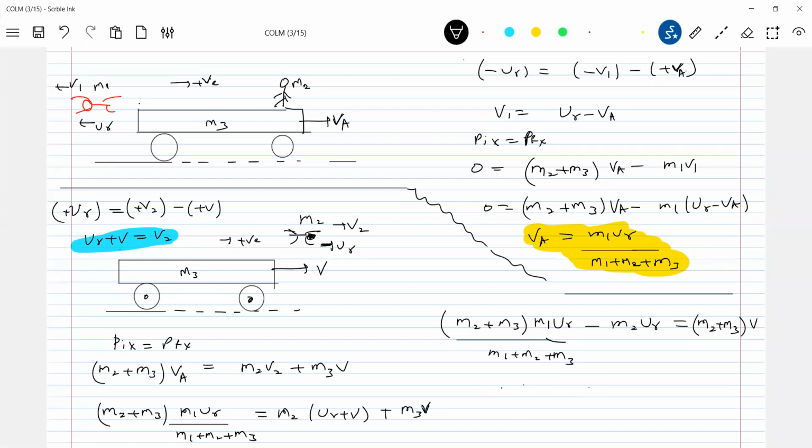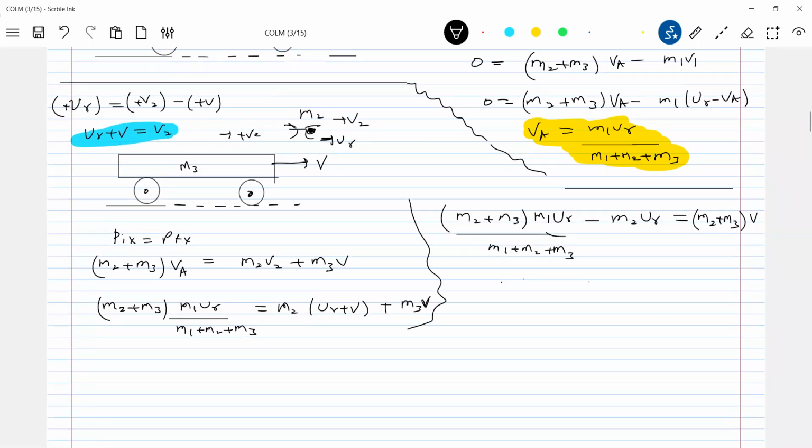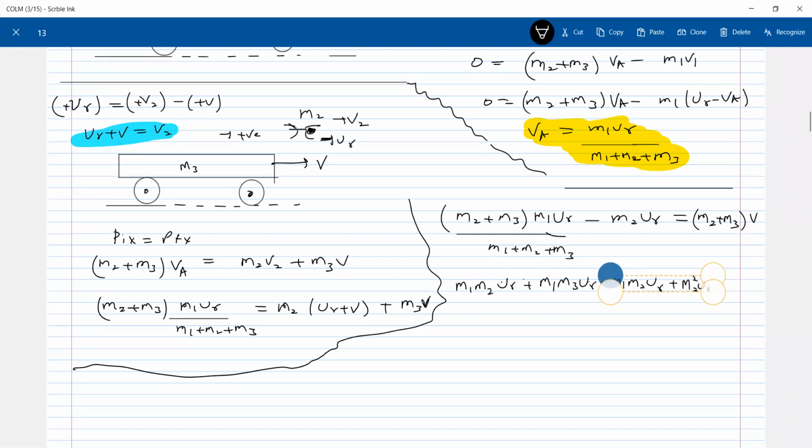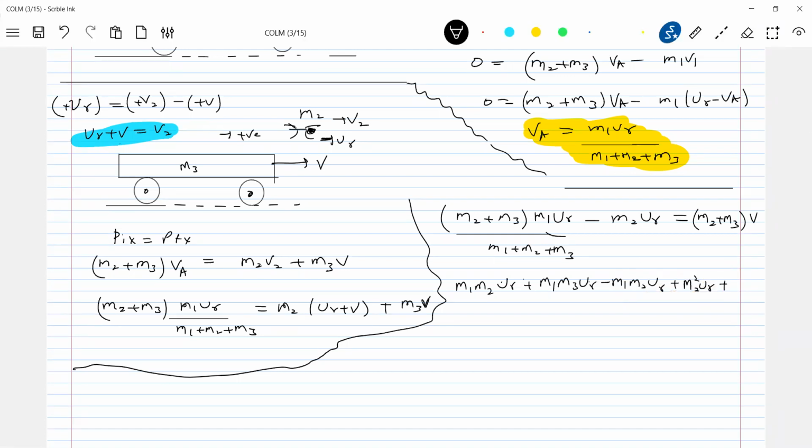I'll write in the next step. Let me better expand here: M1 M2 UR plus M1 M3 UR minus M1 M2 UR minus M2 squared UR, and the last is minus M2 M3 UR, all divided by M1 plus M2 plus M3.